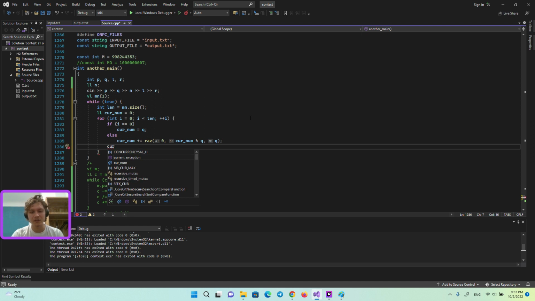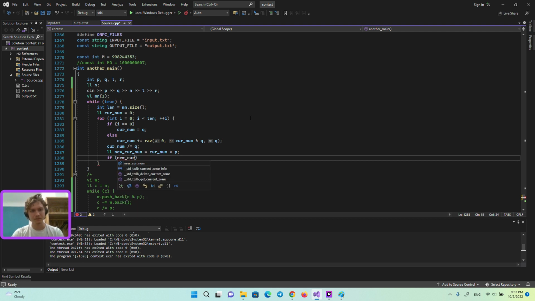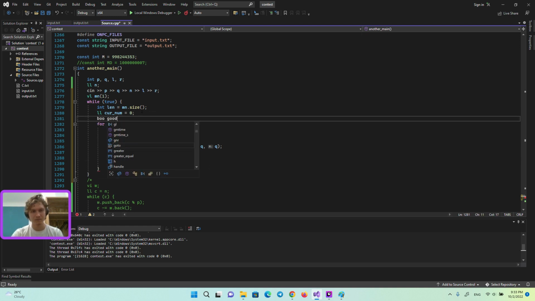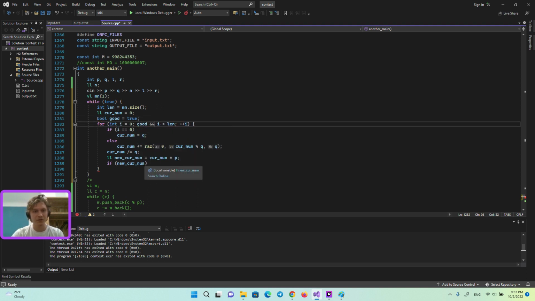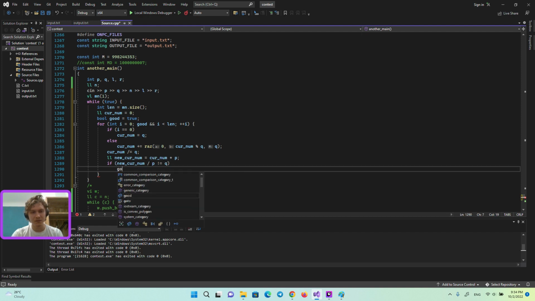Then we say that car num divides by Q, equals car num times P. And if new car num divided by P is not equal Q, we say that good is false.